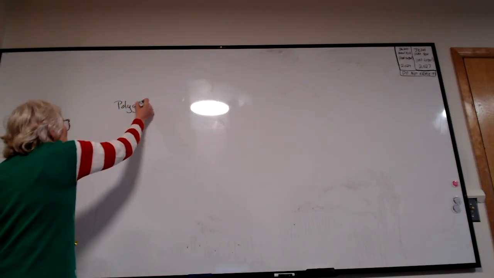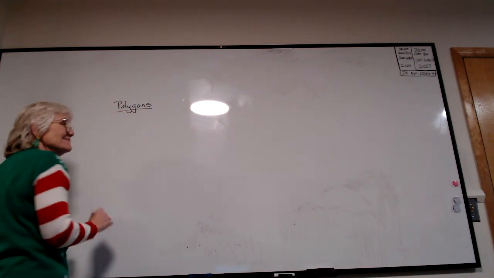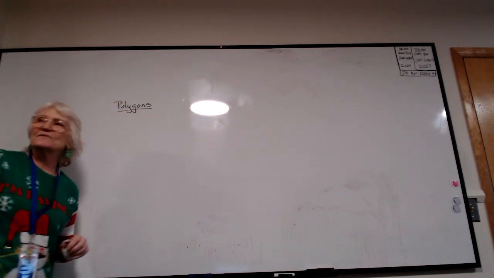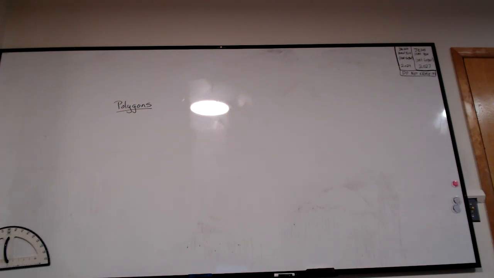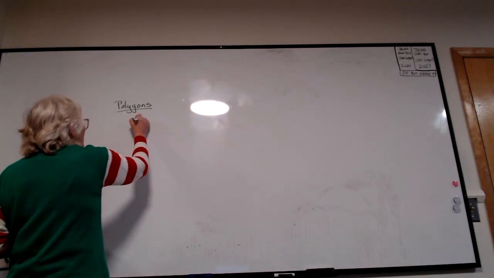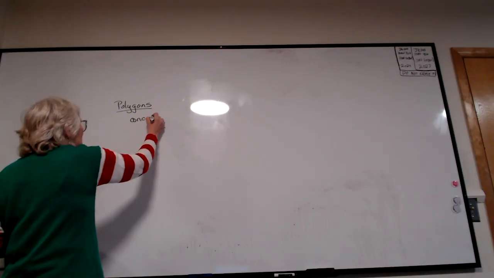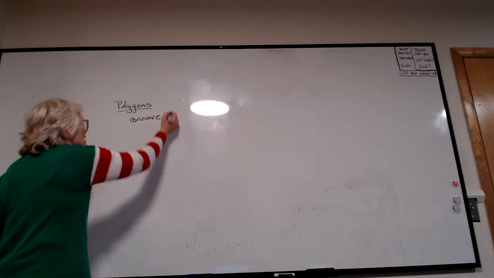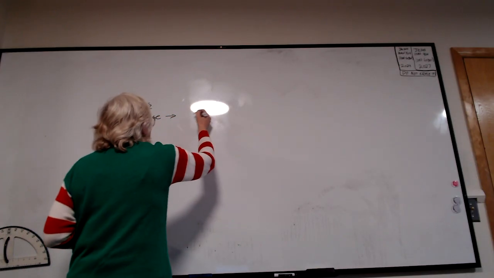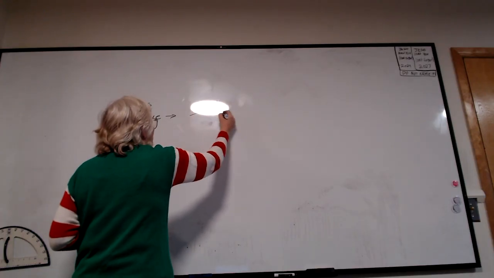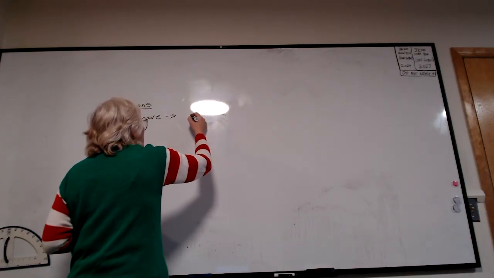What kinds are there? Okay, those are polygons, but this one is concave, convex, and regular. Did I talk to you about those? I didn't think so. Okay. So concave polygons are when your figure basically, it's easier for me to explain.